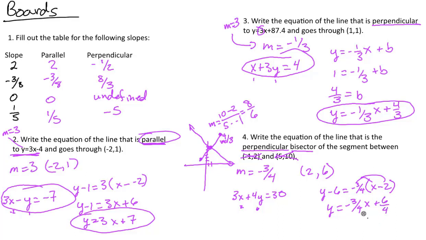Is that right? And then adding 6. So add this 6 onto the other side. So let's see what that does. y equals negative 3/4 x plus 6/4 plus 24/4 is 30/4, which simplifies down to 15/2.